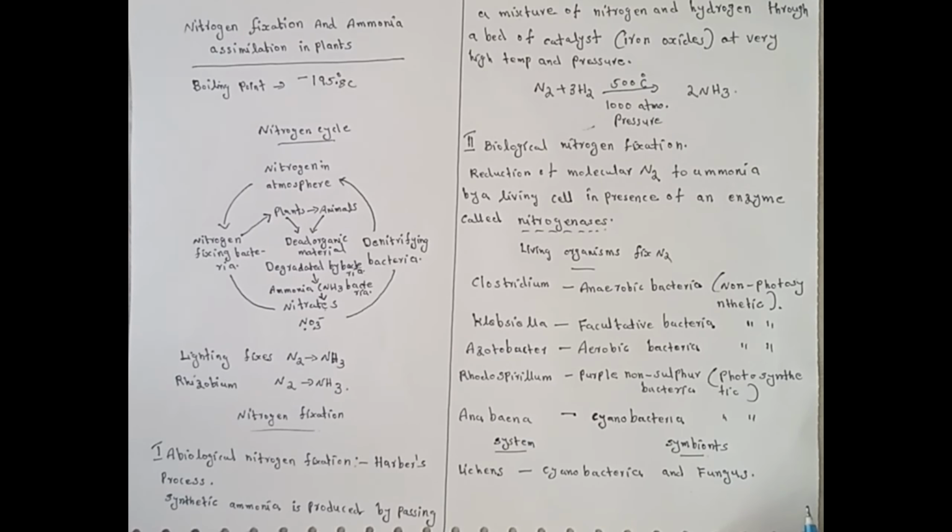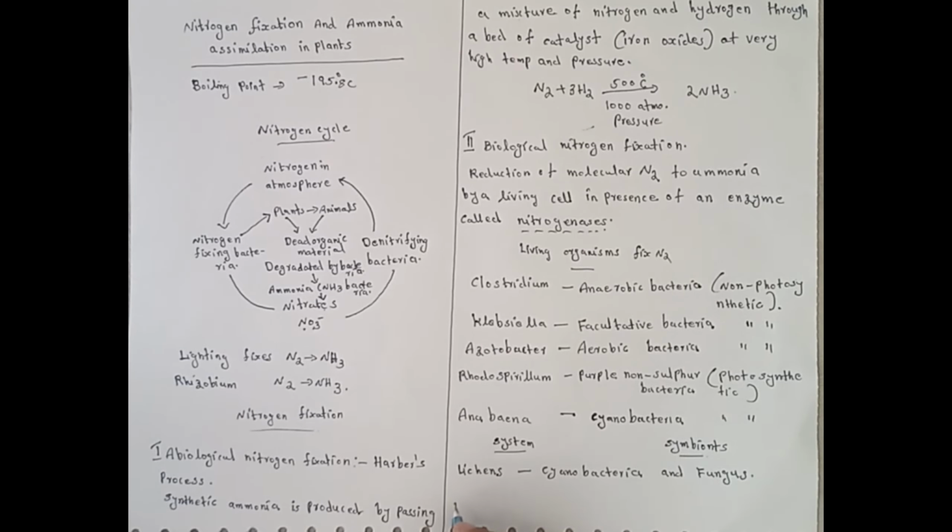Second, bryophyte. That is the combination of cyanobacteria and Anthoceros.